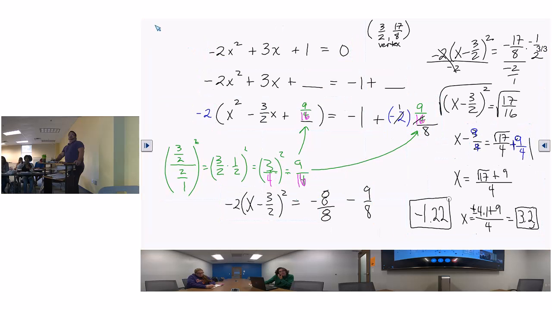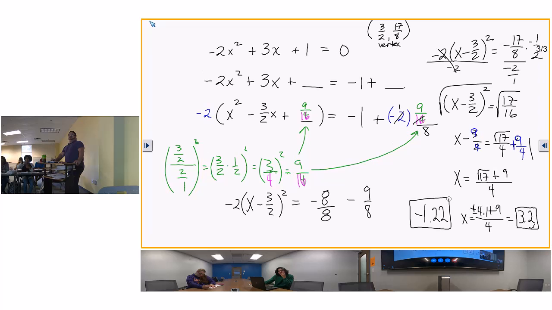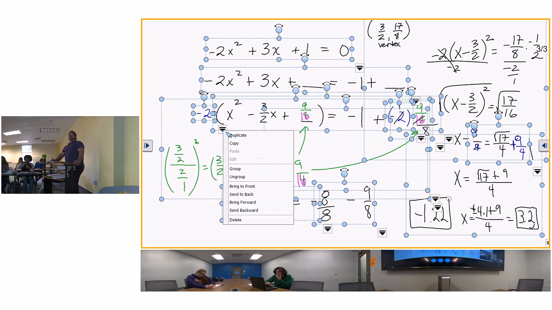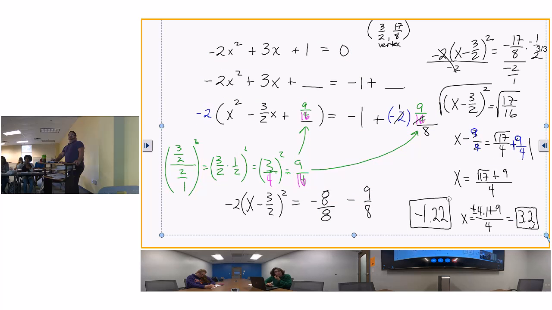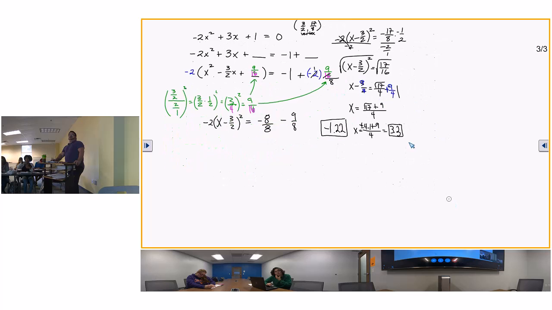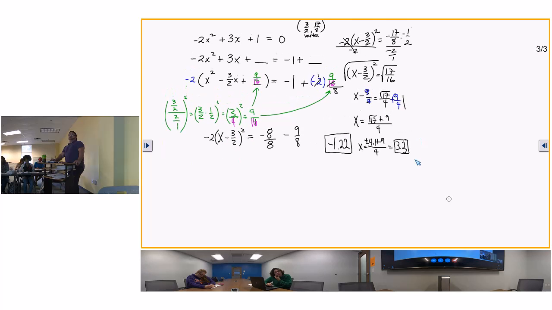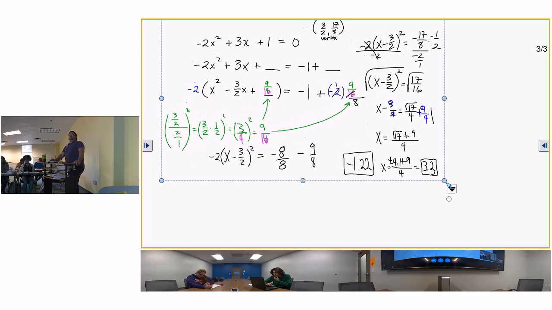Now, we'll tell you, why do we start losing people on this one? We start losing people because people don't know how to do fractions. Okay? So you need to get it together on your fractions, okay? Because all of these rules with fractions is stuff you should have learned.